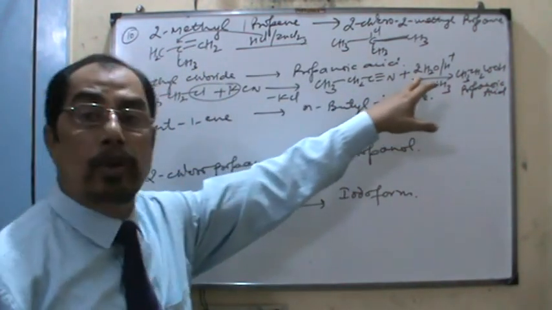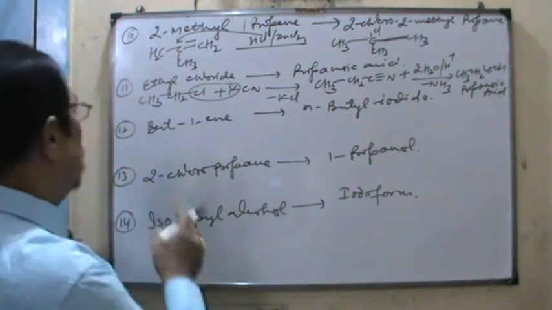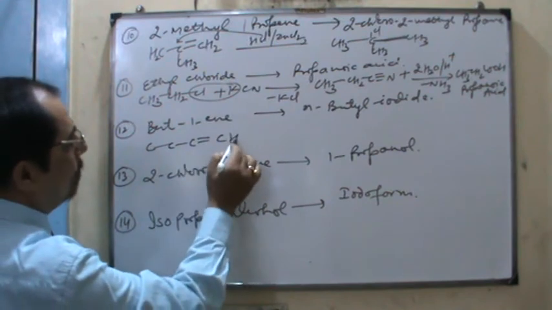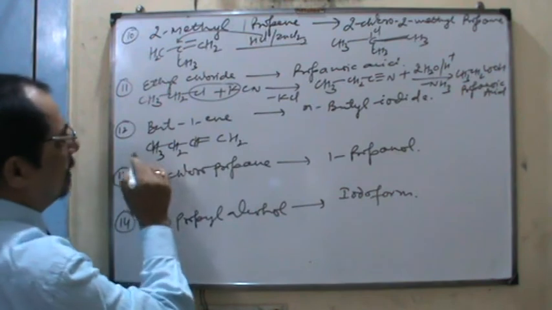Whenever cyanide is hydrolyzed, acids are formed. Again, it is a repeated question. So but-1-ene: 1, 2, 3 and 4, with the double bond at point one, CH2, CH, CH2 and CH3.